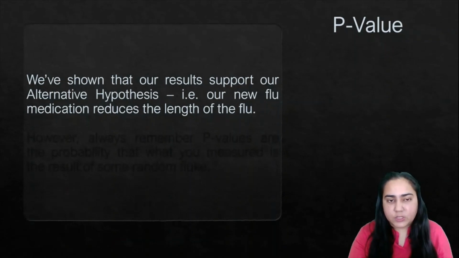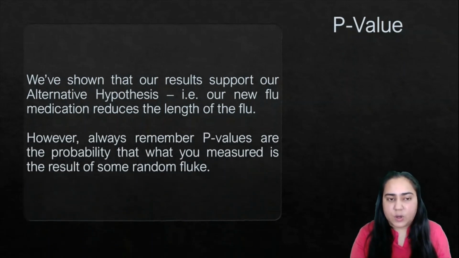Our new flu medication does reduce the length of the flu. And you must always remember that a p-value is the probability that what you measured for hypothesis testing is actually a random fluke. That is what a p-value is.